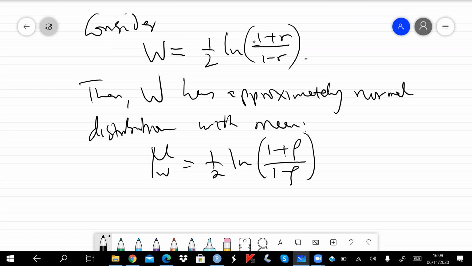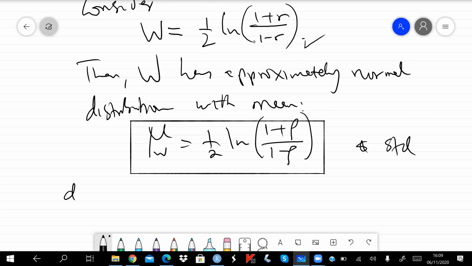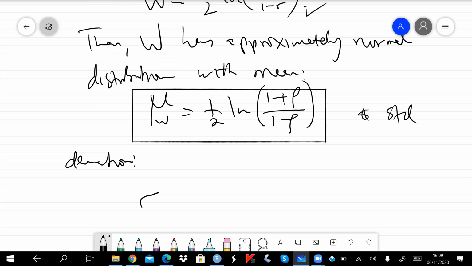The formula looks quite similar to what we have here, but now we're using the hypothetical population correlation, rho. And the standard deviation, sigma of W, is given by 1 over the square root of n minus 3.